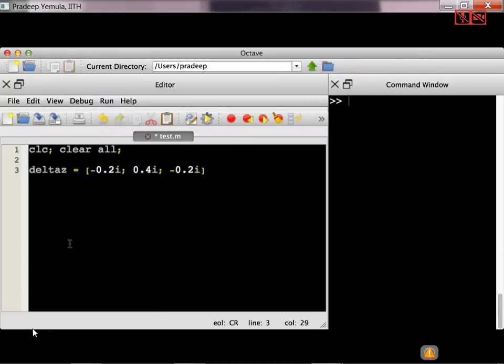So this is delta Z, and then ZLL is nothing but 1.4.